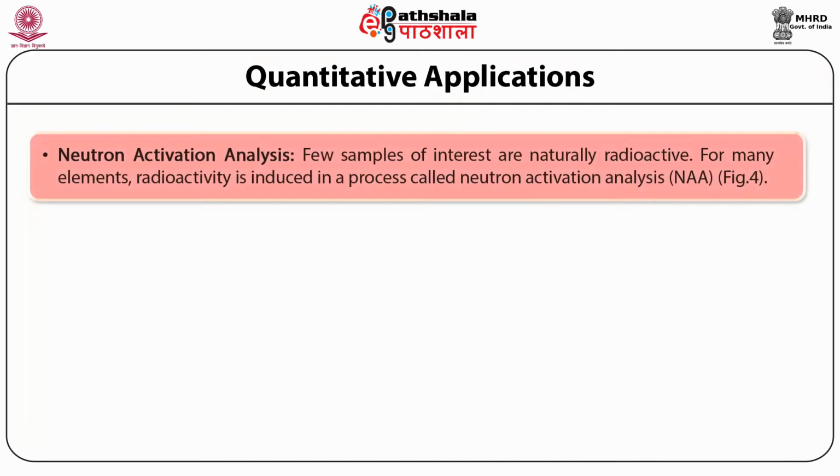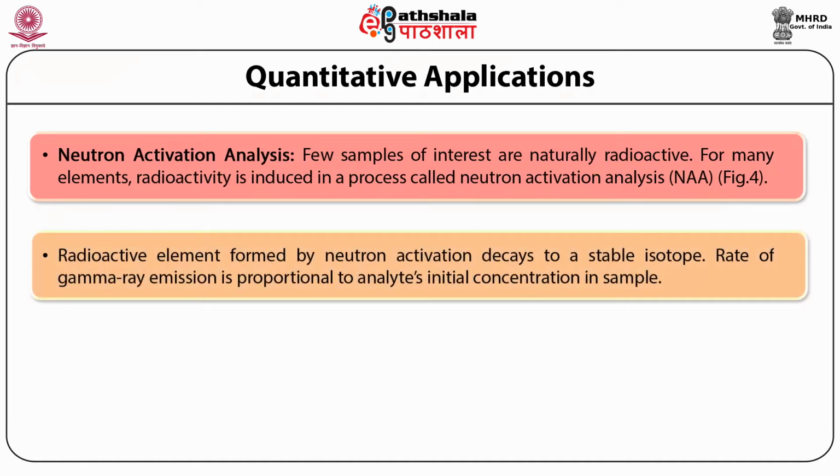Second is neutron activation analysis, a very sensitive and very important analysis. Few samples of interest are naturally radioactive. For many elements, however, radioactivity may be induced by irradiating the sample with neutrons in a process called neutron activation analysis. Here activity is introduced, radioactivity is induced.